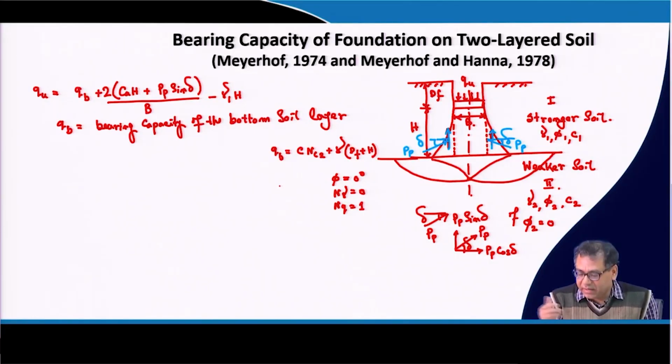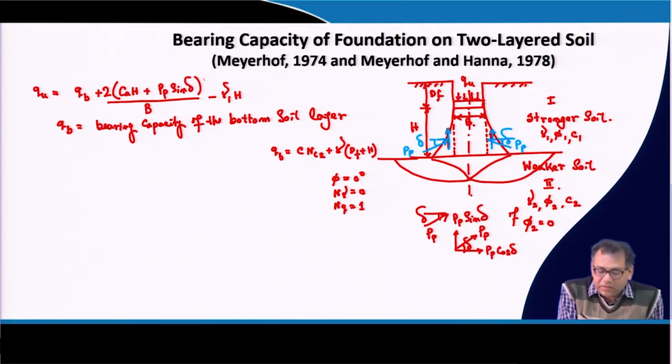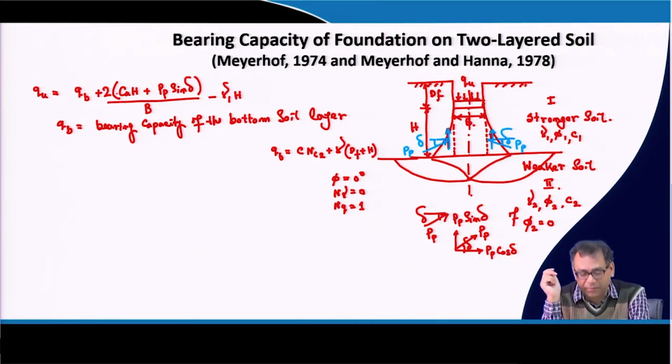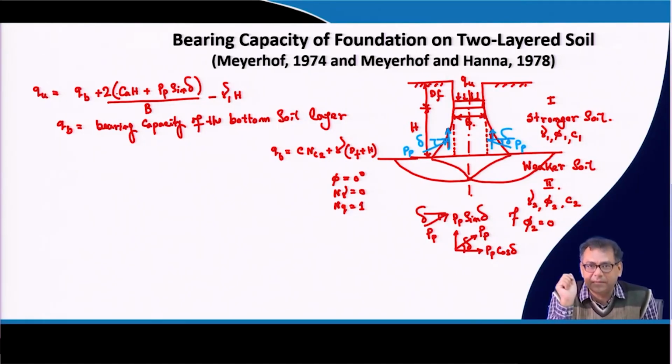At the same time, when I take the resistance along the soil, here also I am taking the H. The D F part I am not taking any time. So, that I can calculate within the gamma QB term. But the thickness part I have already taken while calculating the resistance around this dotted line, because it is Ca into H. So, the H contribution is already taken.